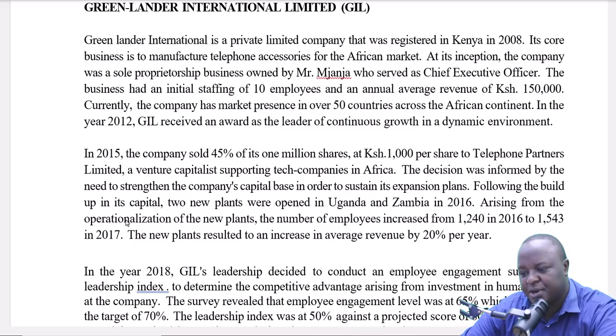Arising from this operationalization of the new plants, the number of employees increased from 1,240 in 2016 to 1,543 in 2017. That is within a duration of 1 year. Now, the new plants resulted in an increase in average revenue by 20% per year.